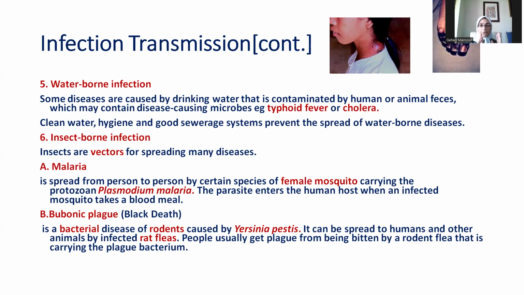Waterborne infection, by definition, is infection transmitted through unclean water, and it can again cause, although it's not written here, gastroenteritis, food poisoning, typhoid fever, and cholera. Typhoid fever is caused by Salmonella typhi. Cholera is caused by Vibrio cholerae. Cholera is almost similar to food poisoning, but it is even more severe than food poisoning.